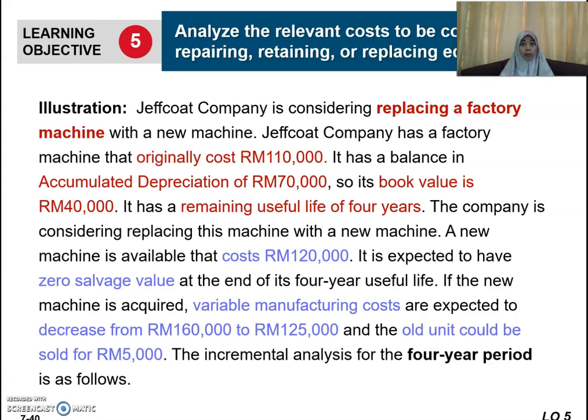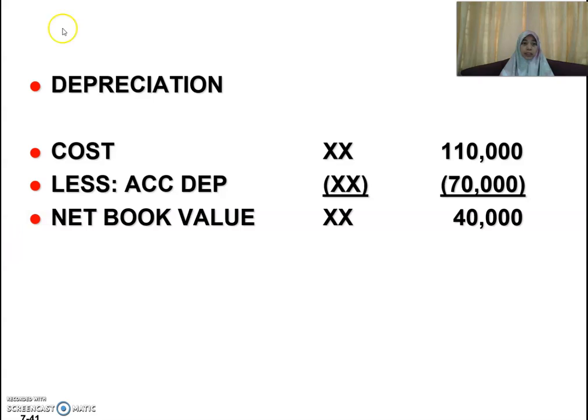Let's say the cost of wear and tear is 5,000 per year. If you are now in year 4, it will be 5,000 times 4 years, which is 20,000. That 20,000 is called the accumulated depreciation. That is basically what depreciation is all about.